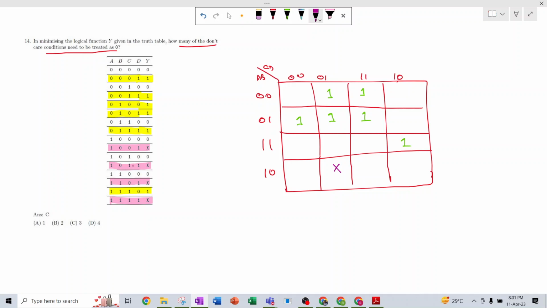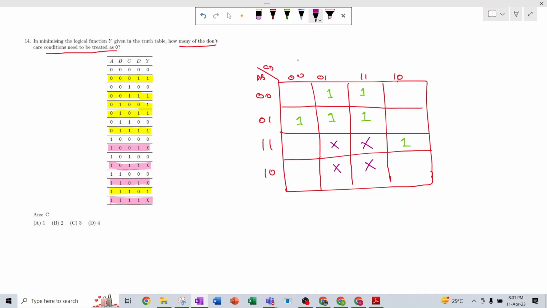Then we have 1011, this is a don't care. Then 1101, this is a don't care. And then 1111, this is a don't care.